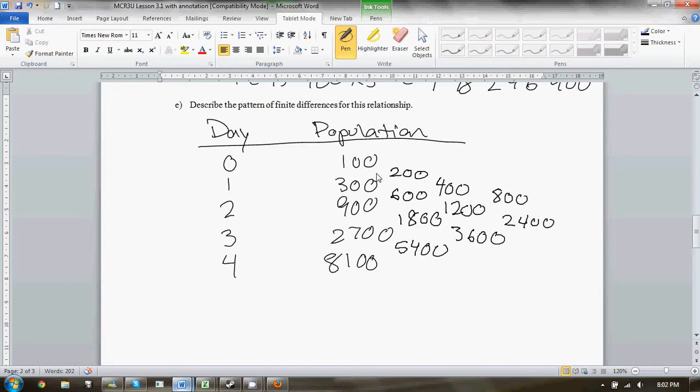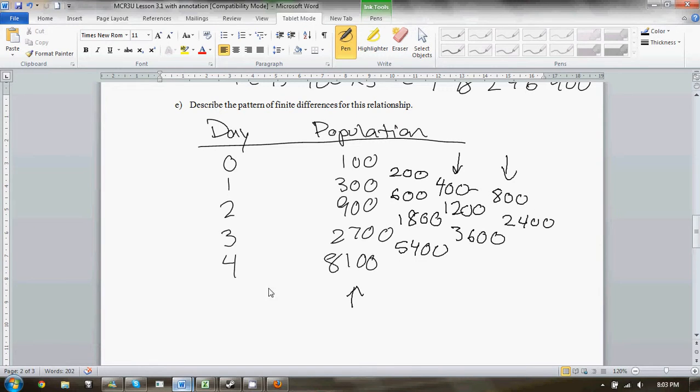So the trend is, even for the first column, it triples. 100 to 300, 300 to 900, 900 and so on. It keeps on tripling. For the first finite differences, 200 to 600 triples, 600 to 1800 triples, and so on. And even on the third and fourth, they keep on tripling.